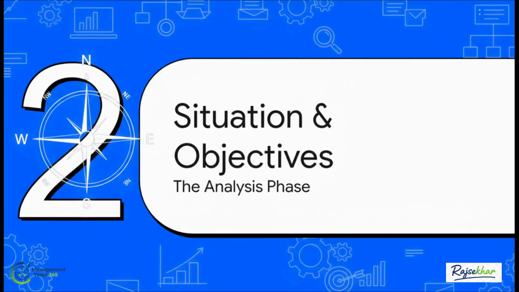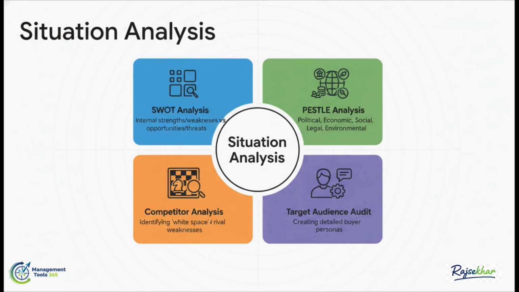All right, let's dig into that critical first phase. You can't really chart a course to a new destination without knowing your exact starting point, right? This part is all about building a rock-solid foundation through some serious, rigorous analysis and setting crystal-clear goals. Your situation analysis is basically a full environmental scan. You use SWOT to get a handle on your internal capabilities versus what's happening in the external market.